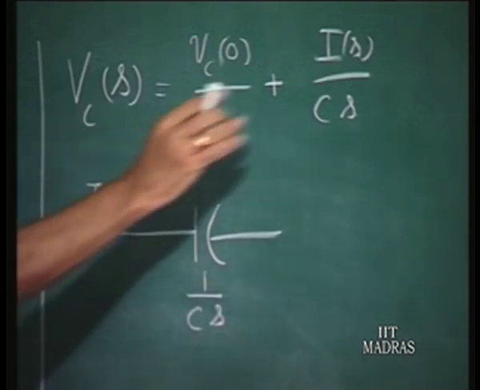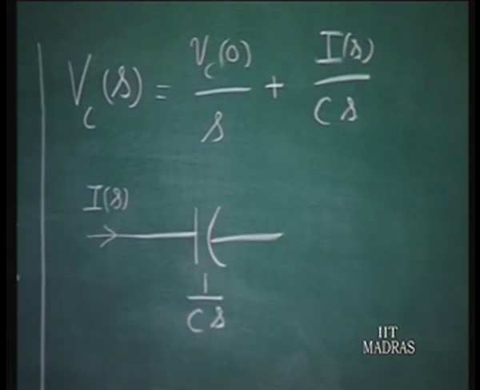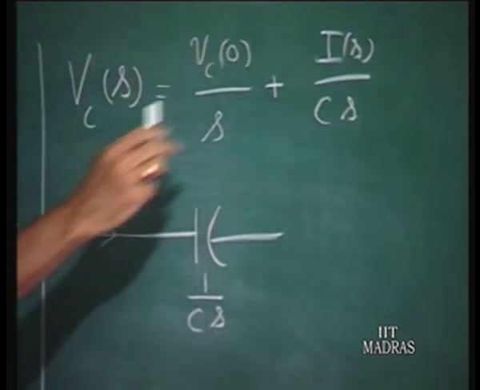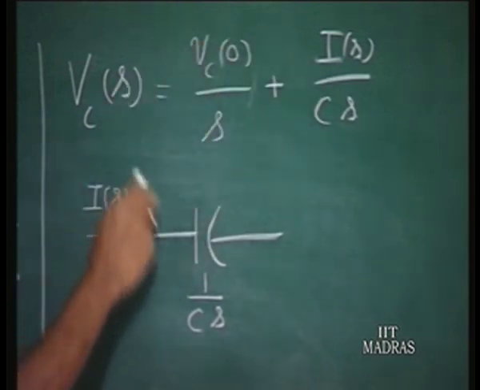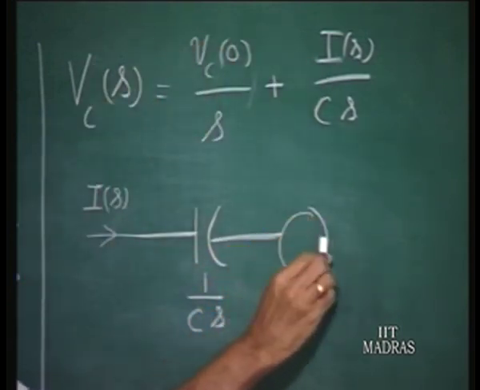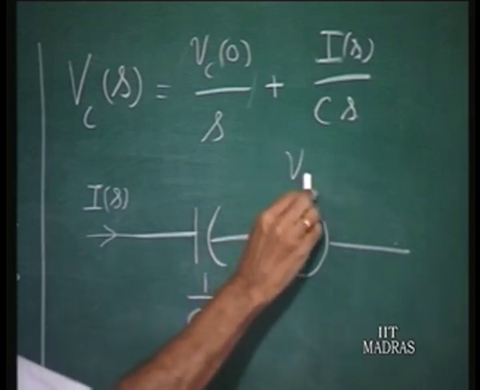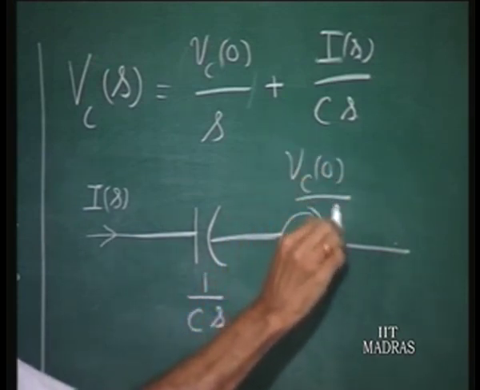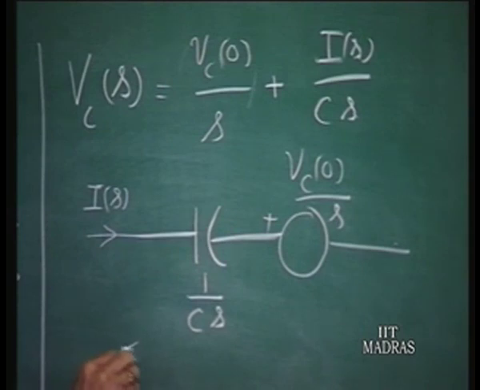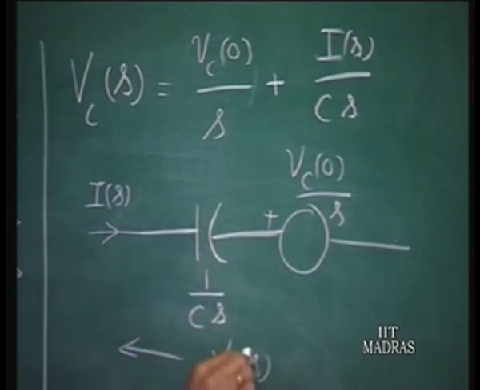So Vc of s is I of s over Cs, plus also you have an additional quantity which does not depend on the current. Therefore, this can be considered to be a voltage source whose value is Vc0 over s, and this is the total terminal voltage across the capacitor.